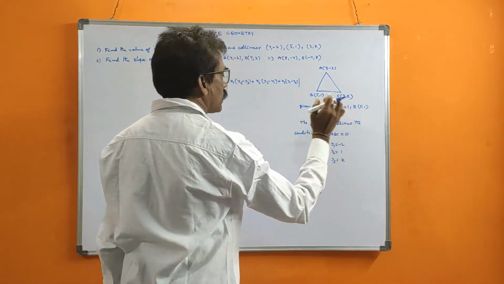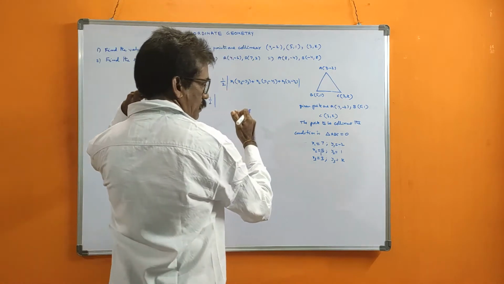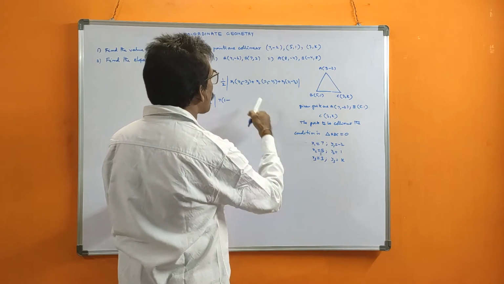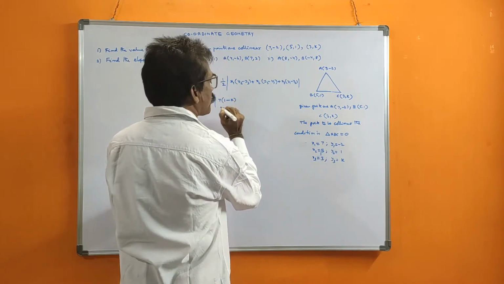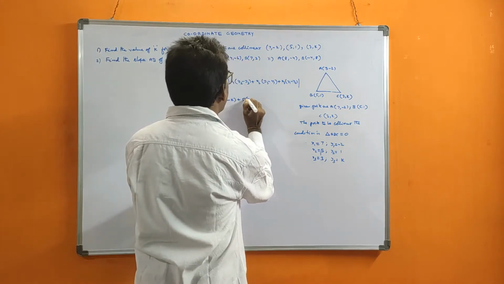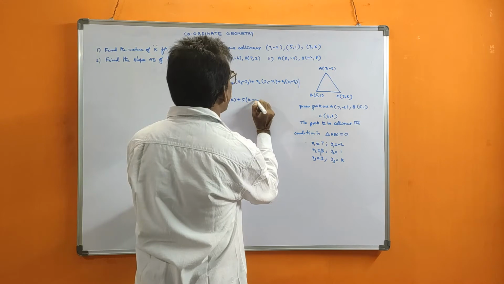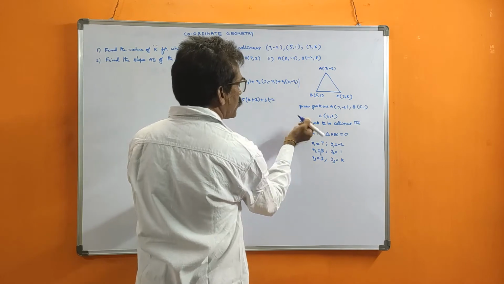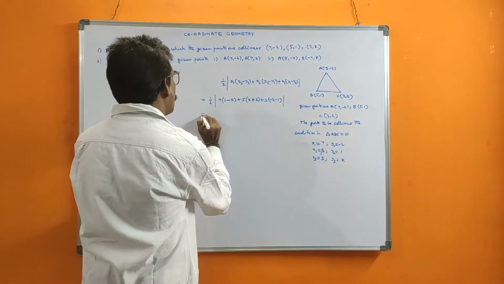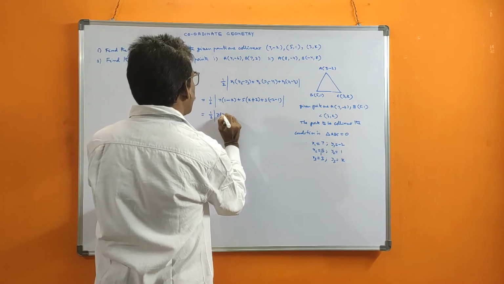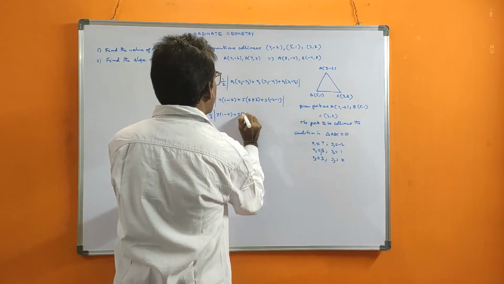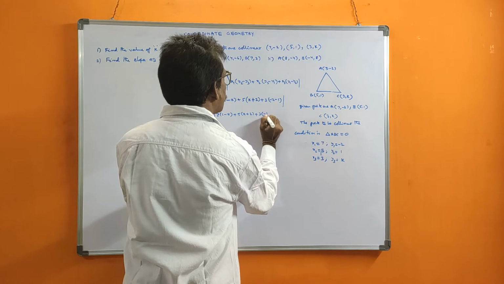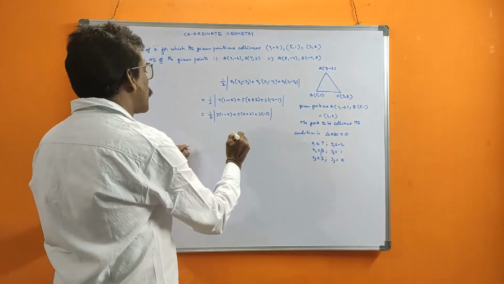Now substitute these values in the area formula: 7 into (1 minus k), plus 5 into (k minus (-2)), which is k plus 2, plus 3 into (-2 minus 1), which is minus 3.